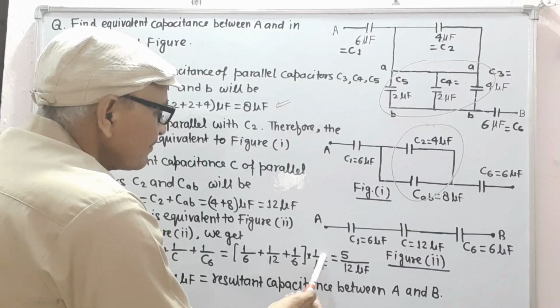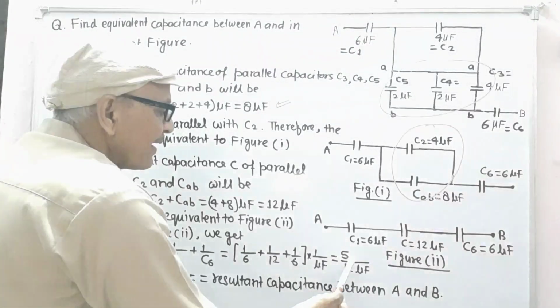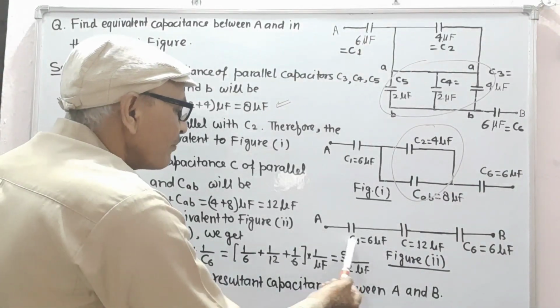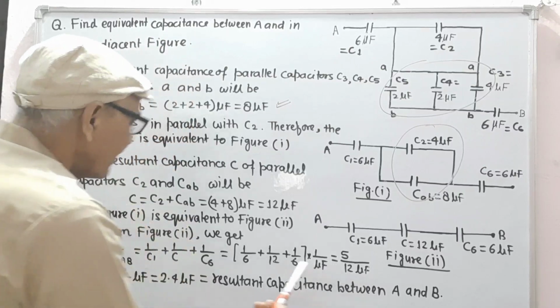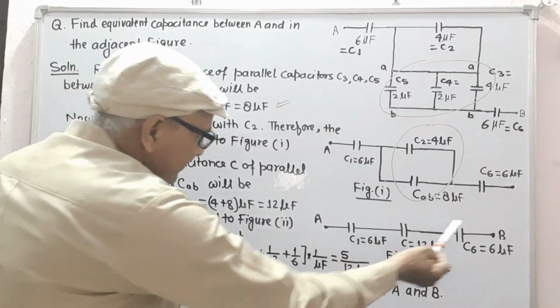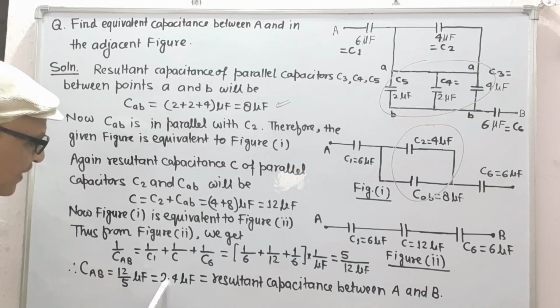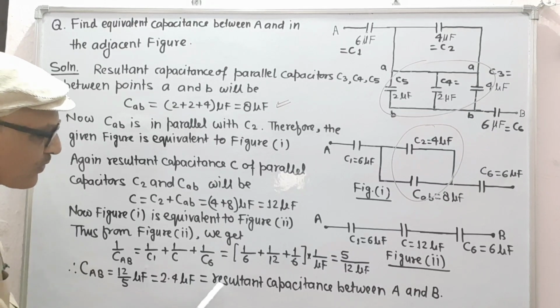Here 1 upon microfarad has been taken common, so it gives 5 upon 12 microfarad. Therefore, its reciprocal gives resultant capacitance CAB between points A and B as 12 upon 5, which is 2.4 microfarad.